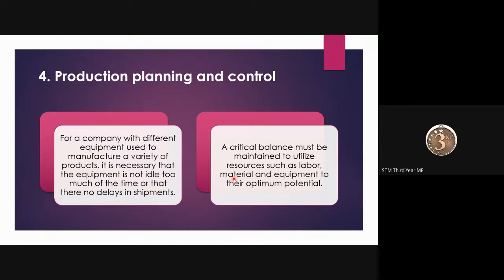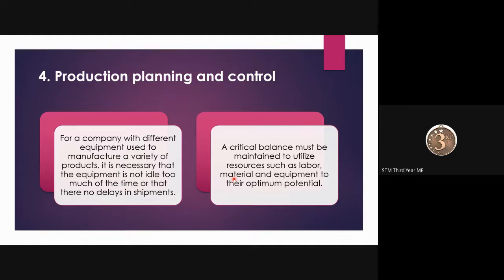You are controlling the production cycle here: how the production has to be done, how many products have to be produced. You may want to reduce the amount of production because the inventory is stocked up with products and there is no sufficient space in the inventory, so you have to control the production, right?